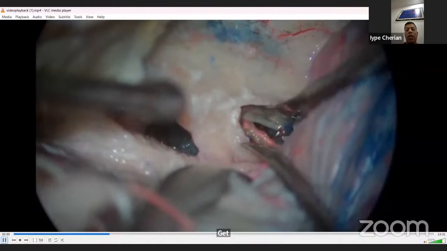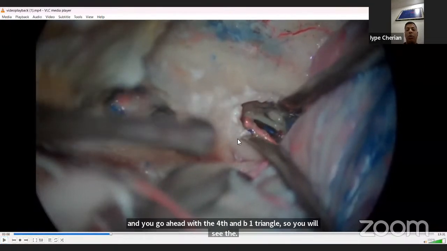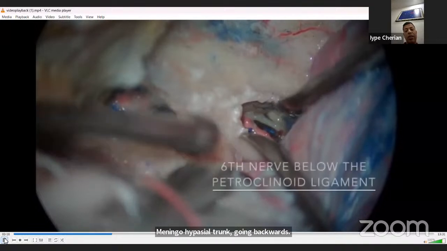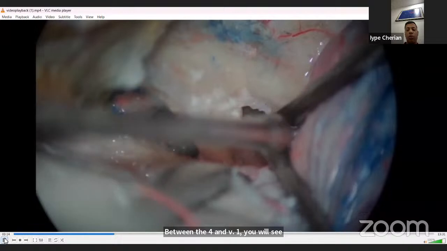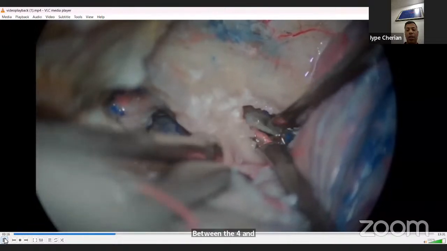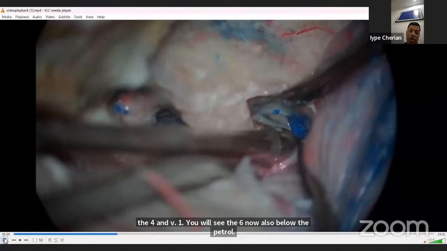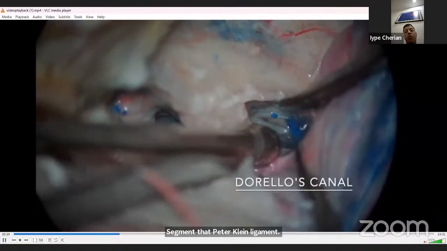So you will see the meningohypophyseal trunk going backwards. And between the fourth and V1, you will see the sixth nerve also below the petroclinoid ligament.